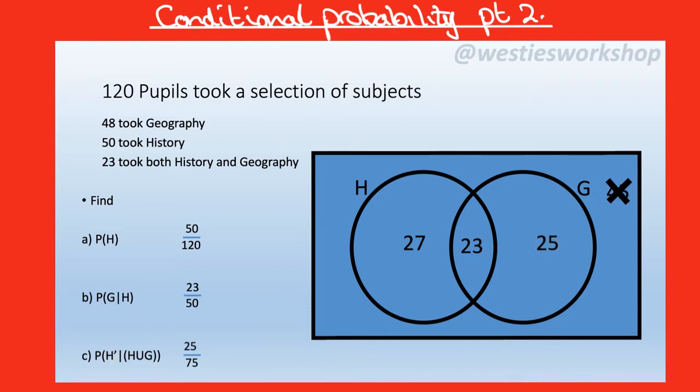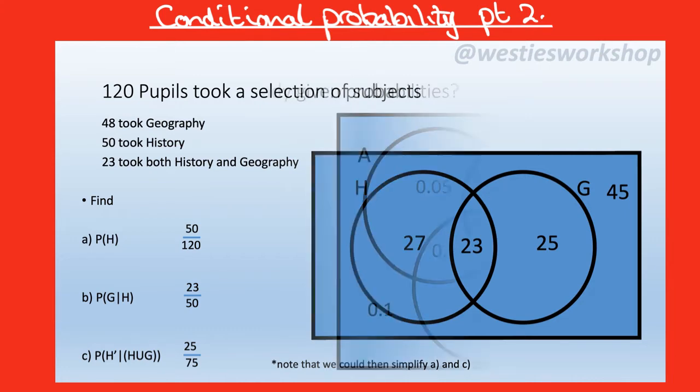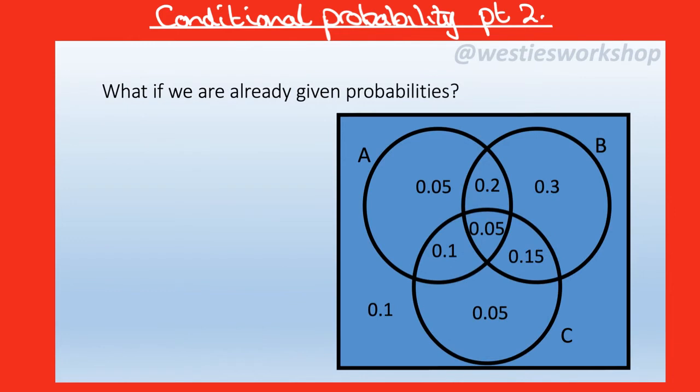So the final probability is 25 out of 75. Note that you could simplify both A and C. In an exam, you would normally do this.